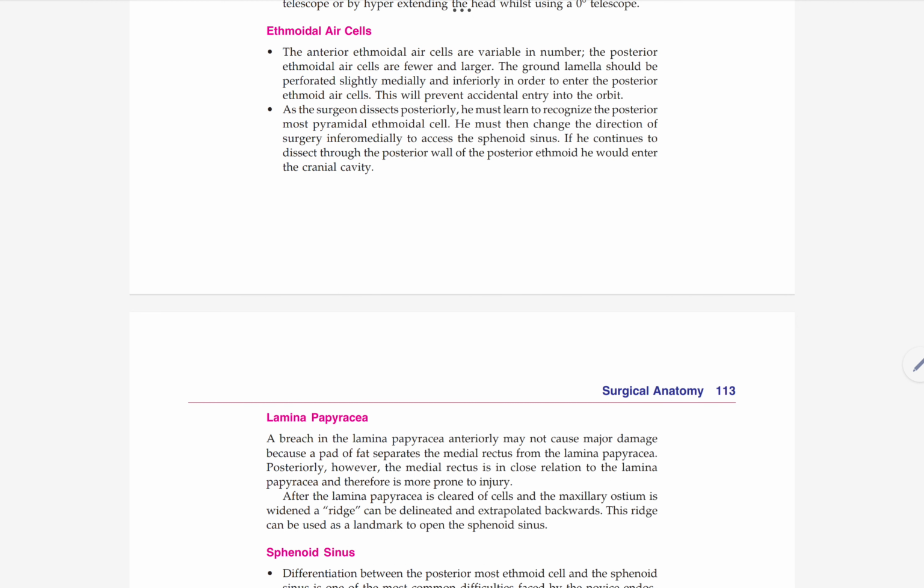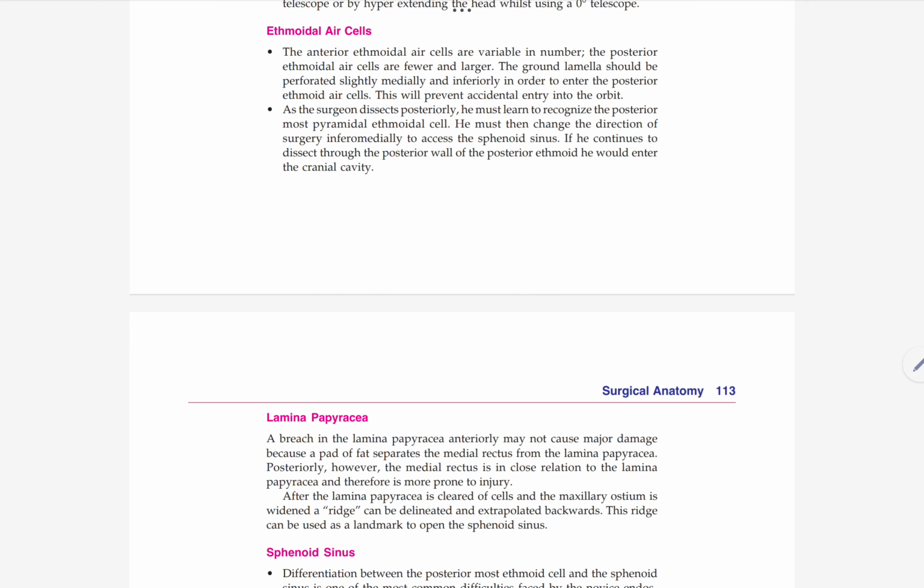Ethmoid air cells. The anterior ethmoidal air cells are variable in number. The posterior ethmoidal air cells are fewer and larger. The ground lamella should be perforated slightly medially and inferiorly in order to enter the posterior ethmoid air cells. This will prevent accidental entry into the orbit.